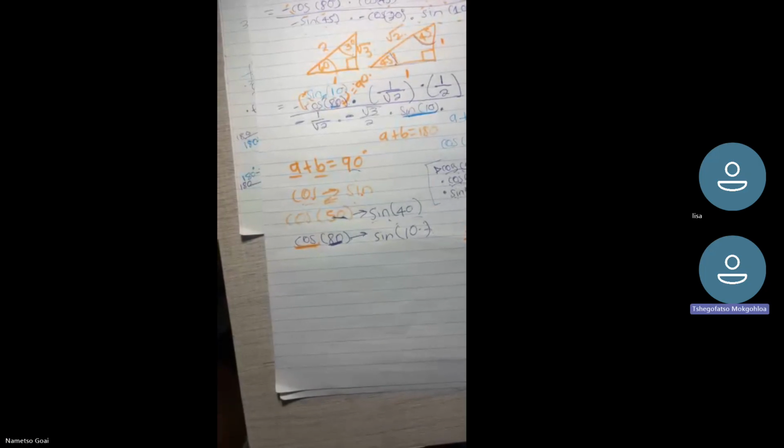If I put the sine 10 over here and we have a sine 10 in the denominator, we'll have something like this, right? These two will be able to cancel one another out, because we're trying to simplify. We're trying to get rid of as many things as we can, right? Yes, ma'am.